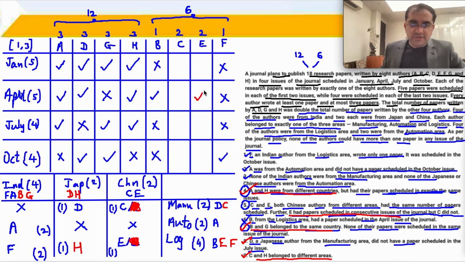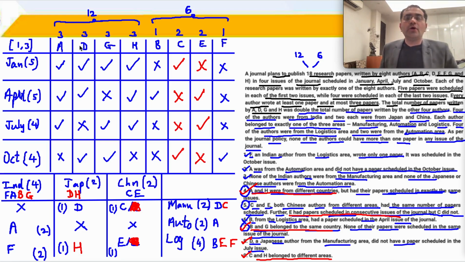So the only possibility is E is in consecutive papers, C is not. This is the only possible way in which you can mark. And this completes your total arrangement. You now know which author published how many articles in which issue, belongs to which country, and is from which area. And that is the set.